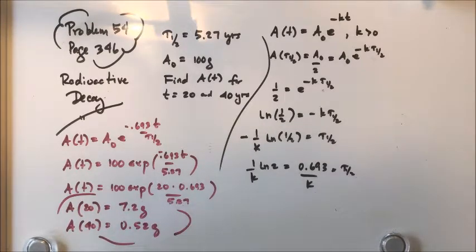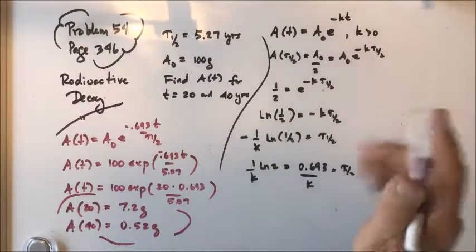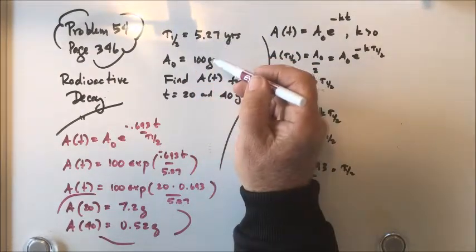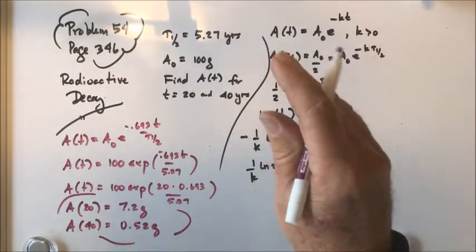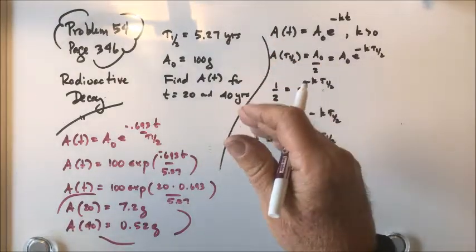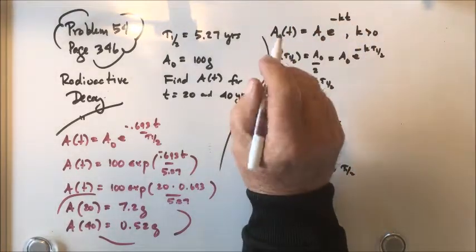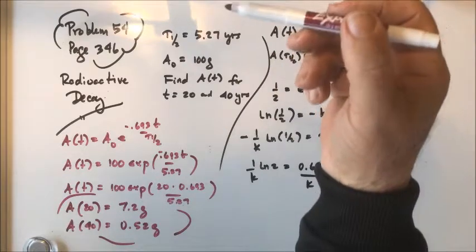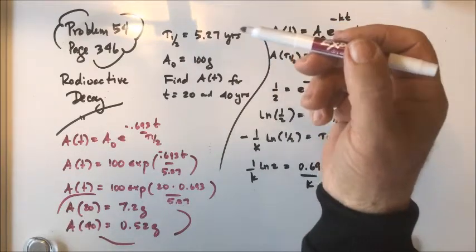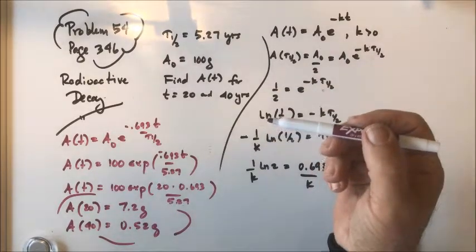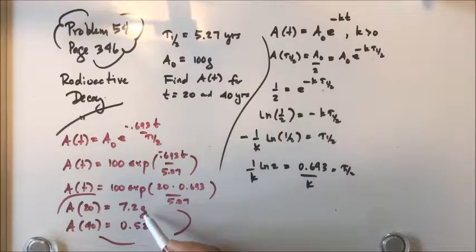If we could just quickly do a sanity check on this. This half-life is a little bit more than 5 years. And so in 20 years, the cobalt has 4 chances to reduce itself by a factor of 2. So in the first half-life, it goes from 100 to 50, in the second from 50 to 25, in the third from 25 to 12, and in the fourth down to 6. And it goes to 7.2 because the half-life's not 5, it's 5.27.